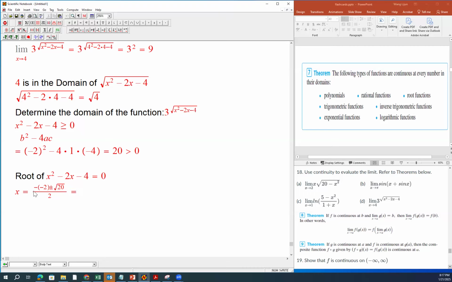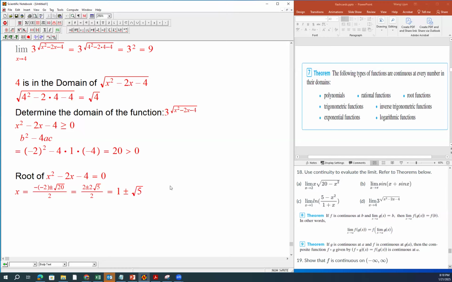So we're getting 2 plus minus 2 times root 5, divided by 2. That will be reduced into 1 plus minus root 5.